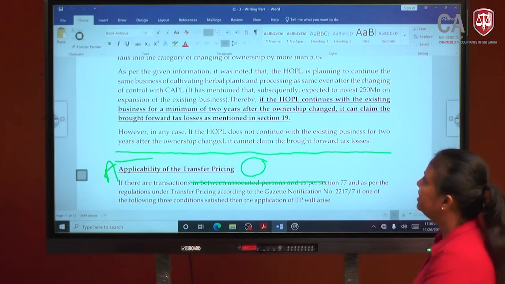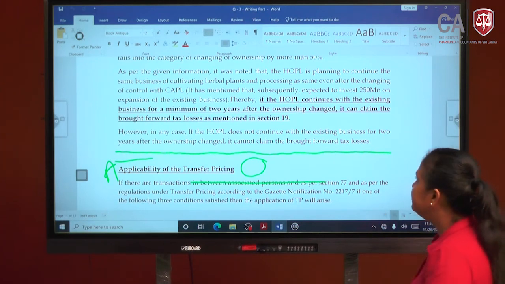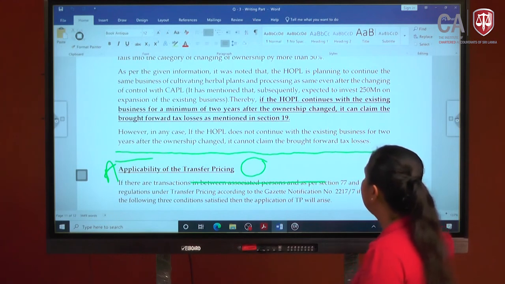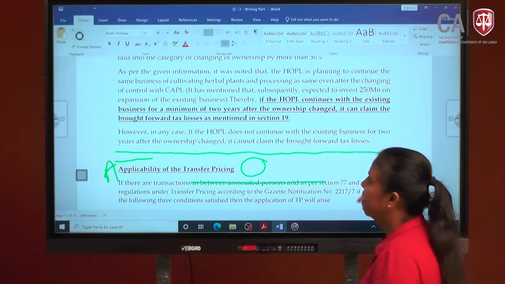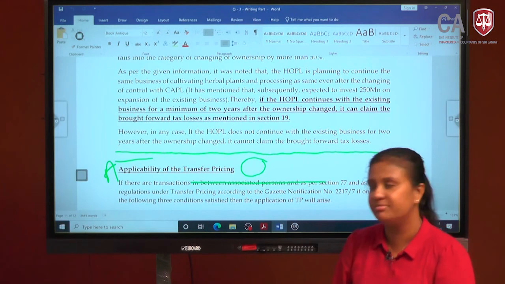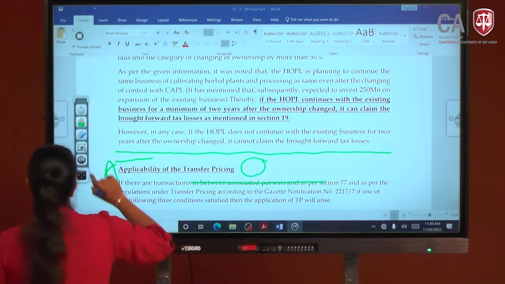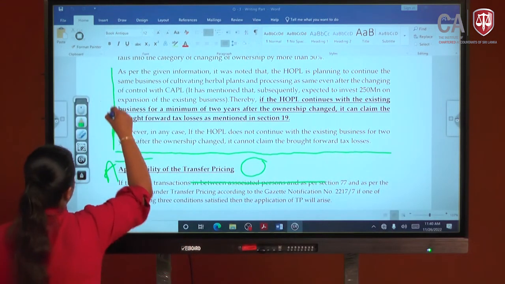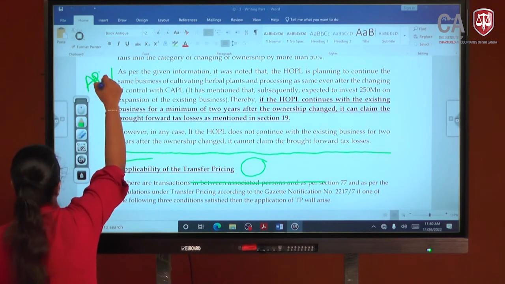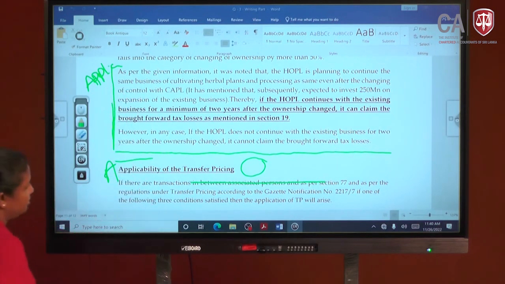It has been mentioned that it is subsequently expected to invest 250 million on expansion of the existing business. These details, Lamai, I have extracted from the paper. The application of the given scenario.